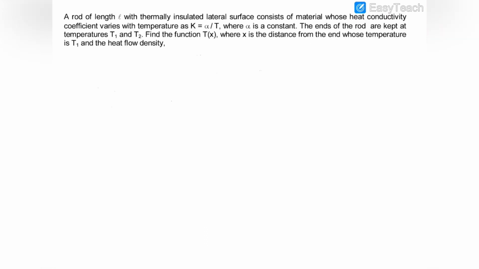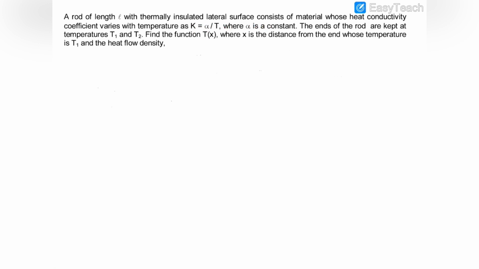In this question, you can see that there is a rod of length L which is thermally insulated with the atmosphere, and it is insulated on the lateral surface. Now this rod has a conductivity which is changing with temperature, and the relation between the conductivity and the absolute temperature is K is equal to alpha by T, where alpha is some constant.